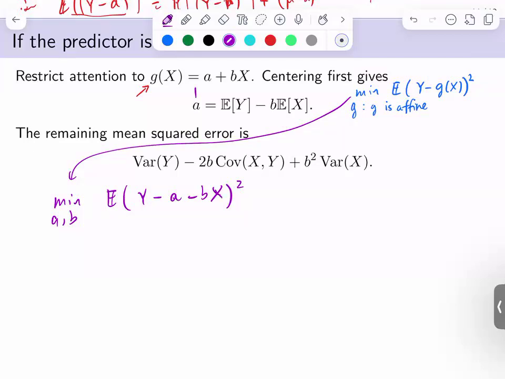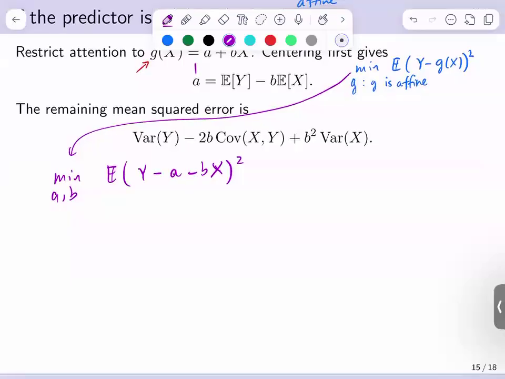Let's try. Suppose I add and subtract minus a plus expectation of x minus b, or actually there's going to be a b here, plus b expectation of x, and then minus b expectation of x.